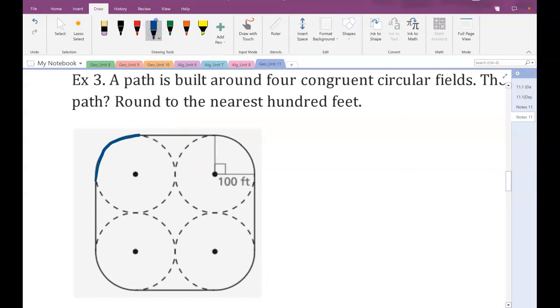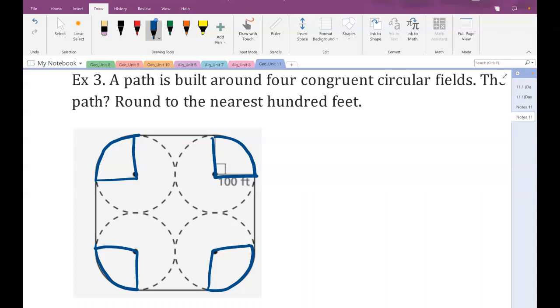We're walking around a curved section here, here, here, and here. So we have 4 quarters of a circle, which all together make one whole circle. In full, we're walking around one circle.